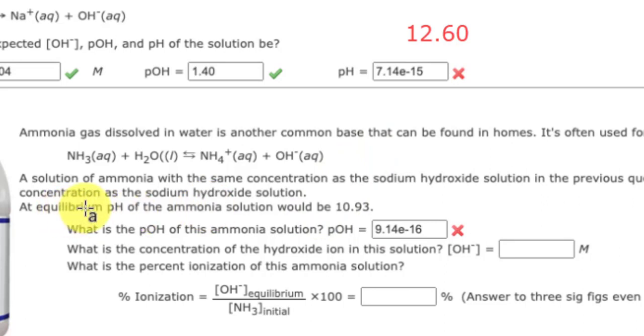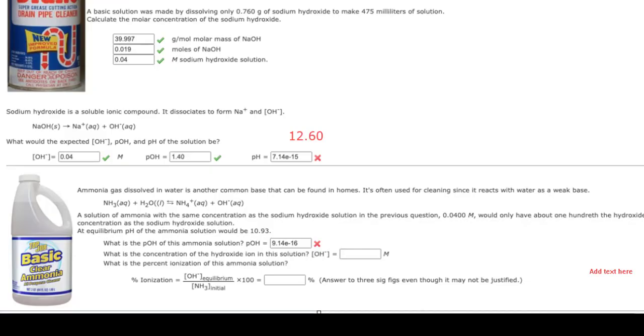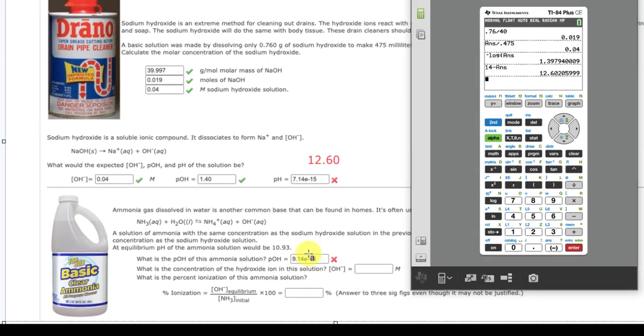Now, we've got a pH of ammonia at 10.93, and that's where we go back to our comment that we had before, where we know the pH and pOH add up to 14, unless we've got a weird temperature. We'll go back and say, okay, we've got a pH, and we can find a pOH.